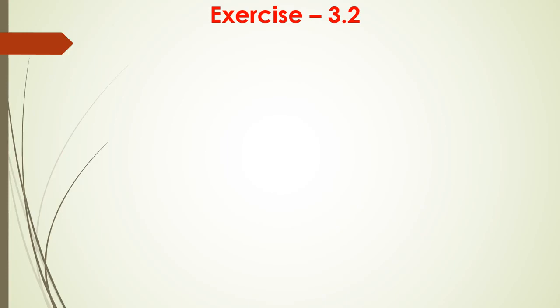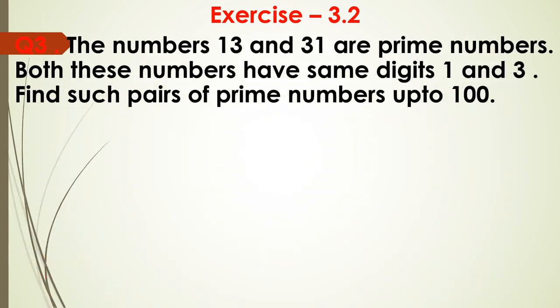Question number 3. The numbers 13 and 31 are prime numbers. Okay, this you know that 13 and 31 are prime numbers. Both have only 2 factors, 1 and the number itself. So these 2 are prime numbers. Both these numbers have same digits 1 and 3. 13 also have 2 digits 1 and 3, and 31 also have 2 digits 3 and 1.